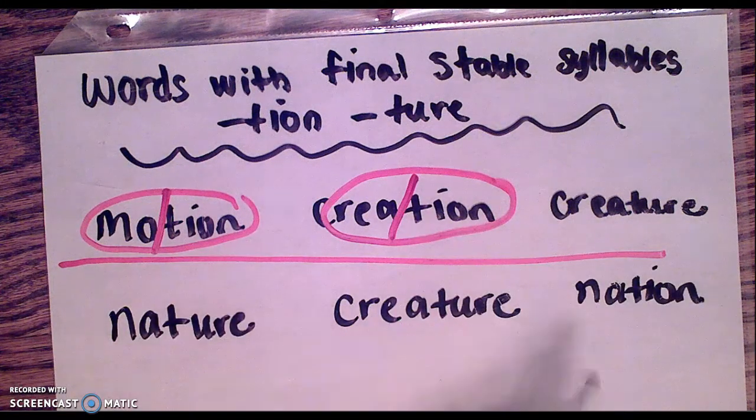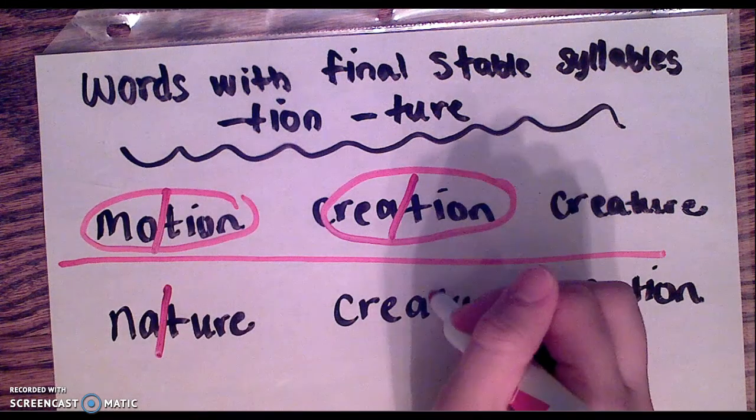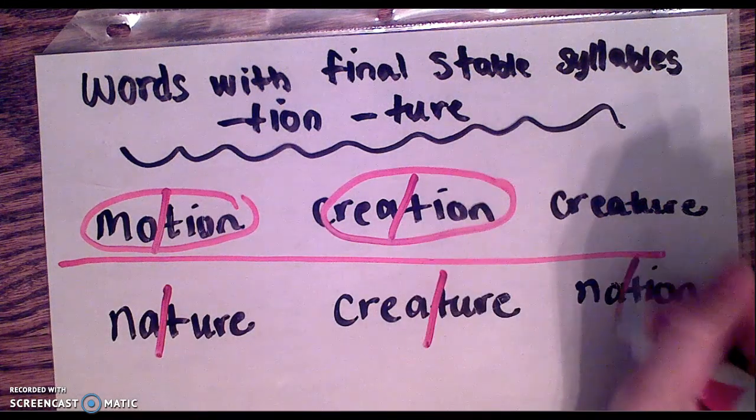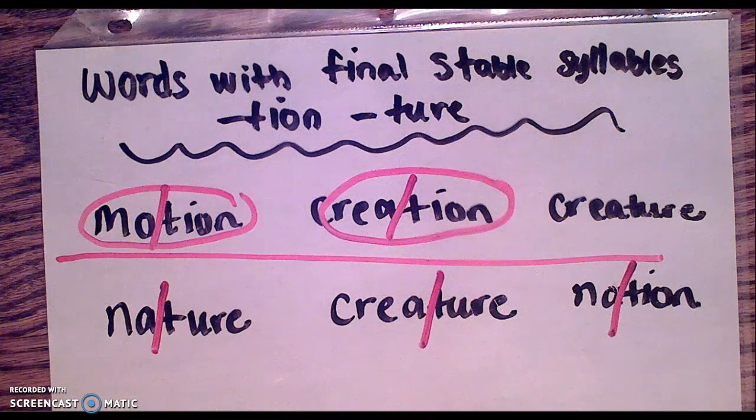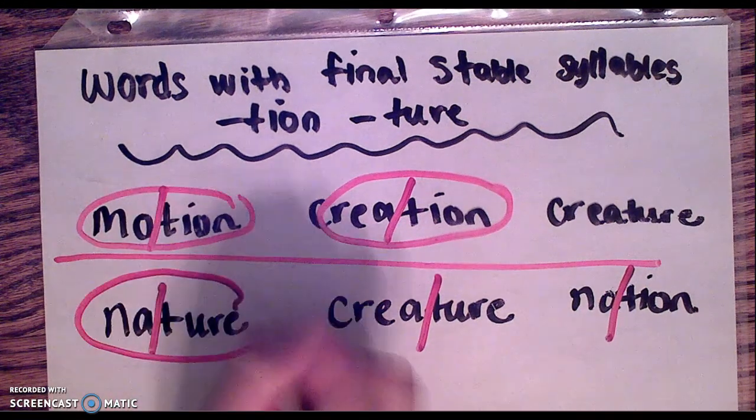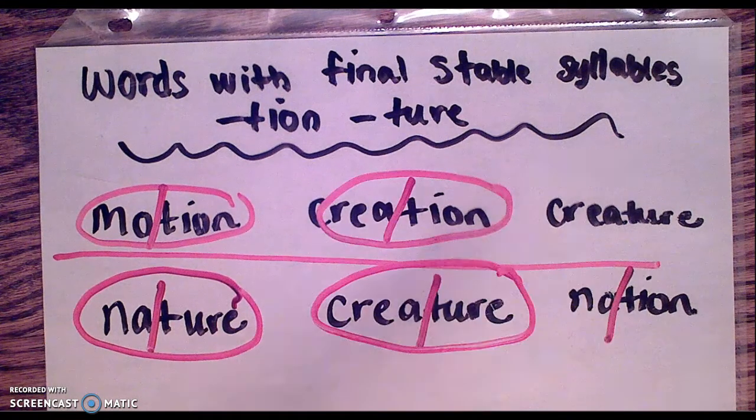What about this row? We have nature, creature, nation. Which two words have the same ending syllable? It is nature and creature.